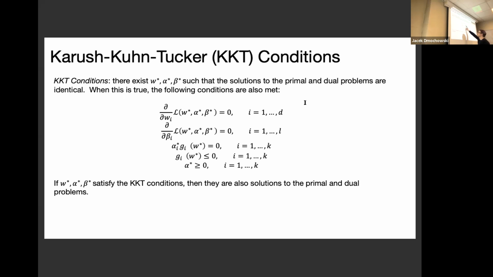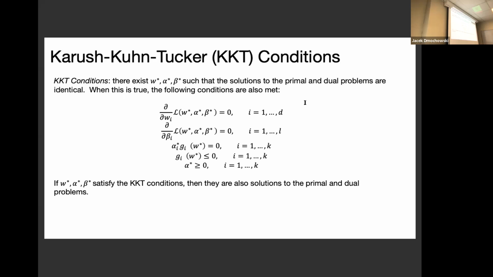There's 5 equations here, unfortunately. The first one is the standard one: you differentiate your function with respect to your independent variable, and you set it to 0. So for W, I should back up and say these 5 equations are the conditions that, if they are met, then you know you've solved your problem.